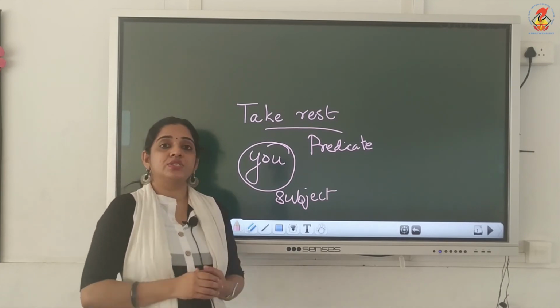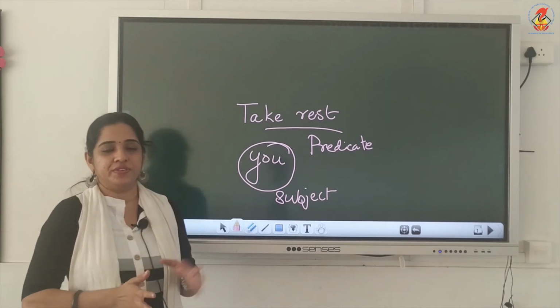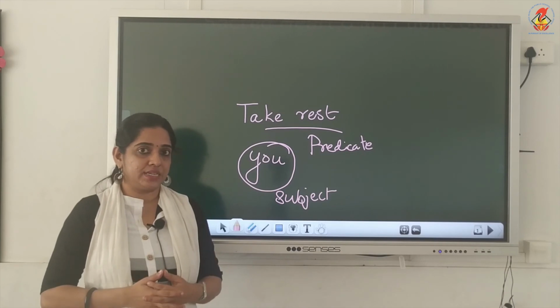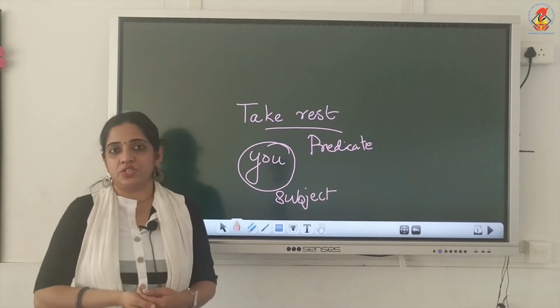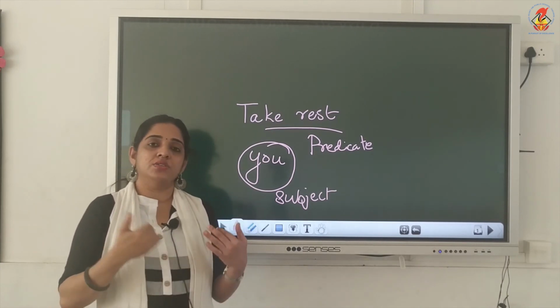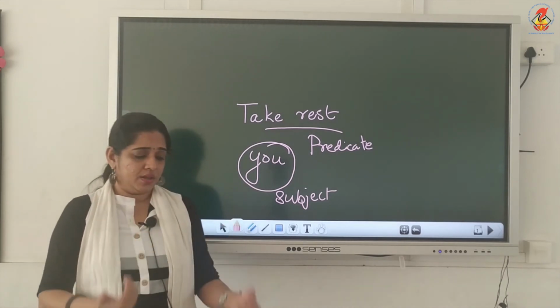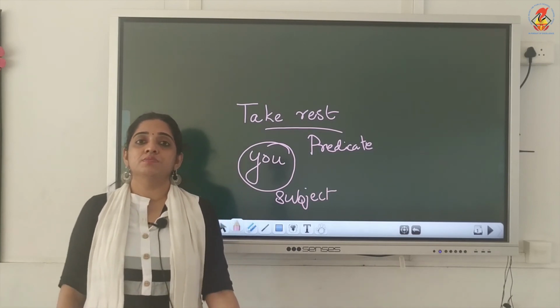Then we also studied subject will not come always in the starting of a sentence. It can come in the end. After predicate also subject will be there. Example we already discussed, across the river is a small village.